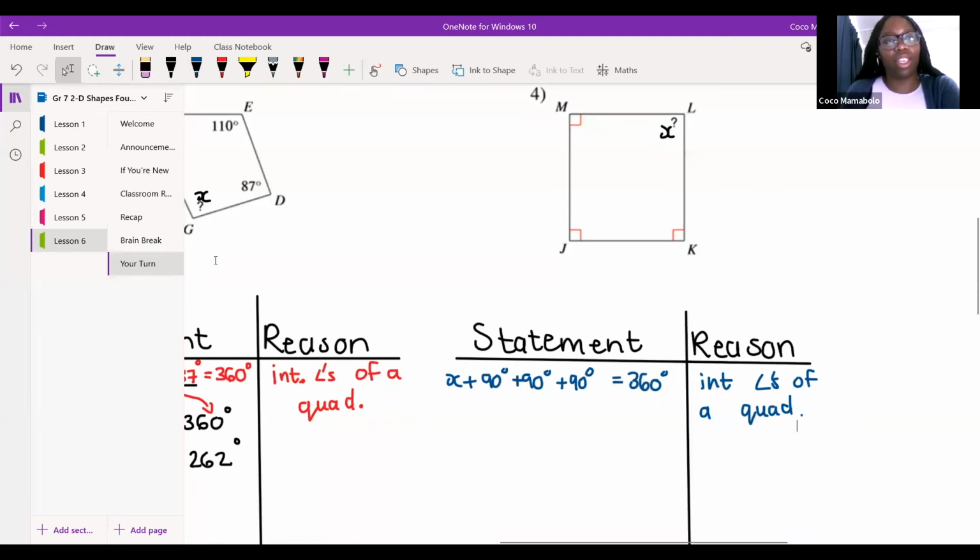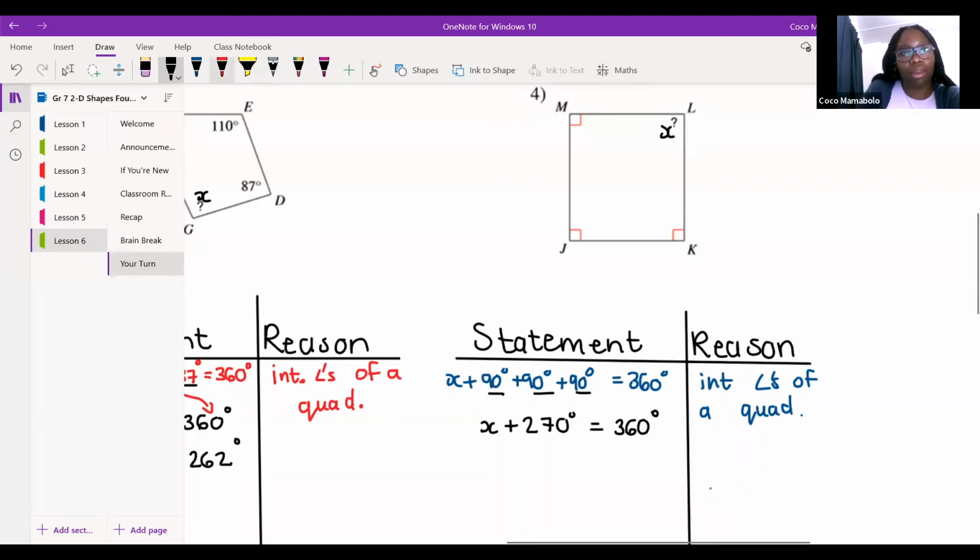All right. Okay. So now we're going to add up 90 plus 90 plus 90. Tell me in the chat, everyone, how much does that give us? Well done, Tahila and Karabo. You guys are pretty fast. Letabo as well. So it's going to give me x plus 270 degrees is equal to 360 degrees.